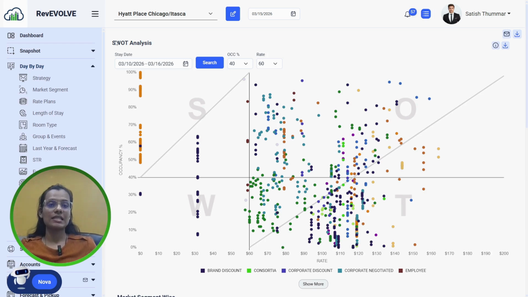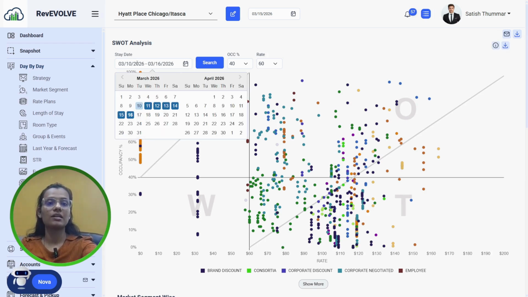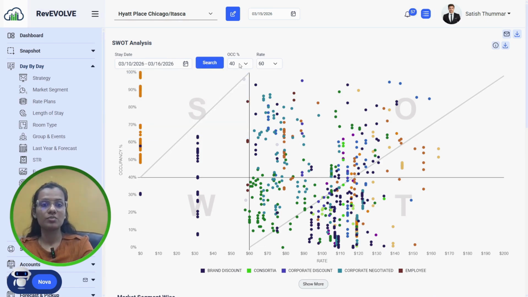Here we can see the stay date, which we can select accordingly. Then we have the occupancy, which we can select up to 100%, and we can select the rate where we want to put a threshold. Right now we have selected a $60 rate and 40% occupancy, and we can see these two lines at $60 and at 40% occupancy.